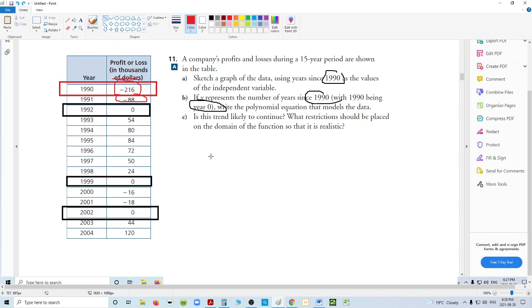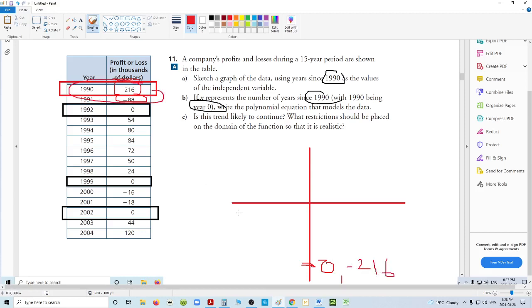So that means if I'm going to do here, like this, and I know that it starts way down here in the y value of 0, comma, negative 216. That's my y-intercept because it's given right away. 1992 represents 2 years later, so it has an x-intercept of 2, comma, 0.